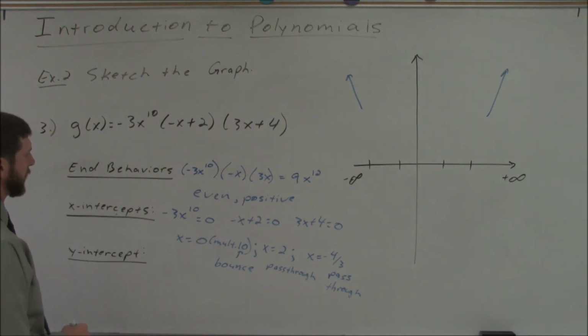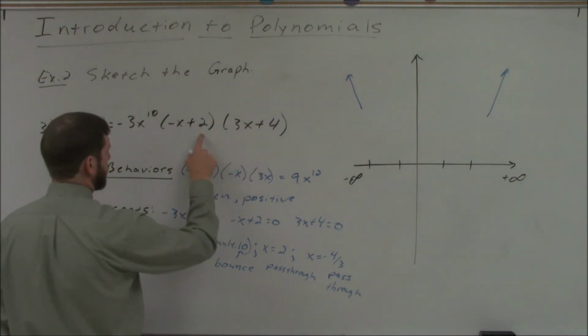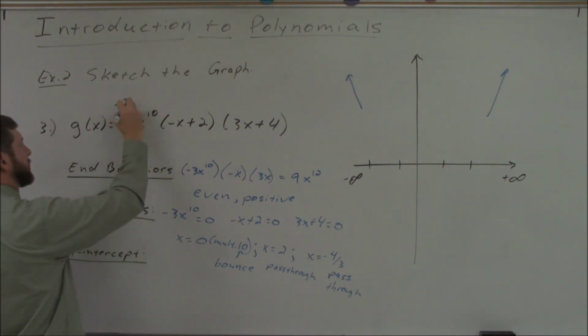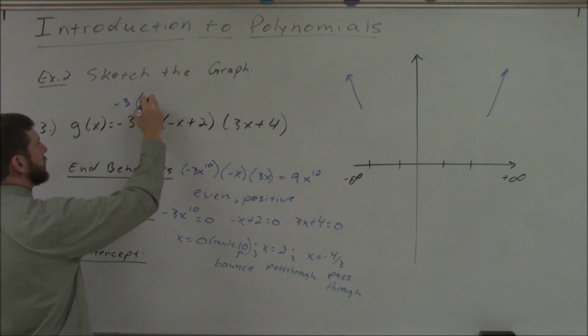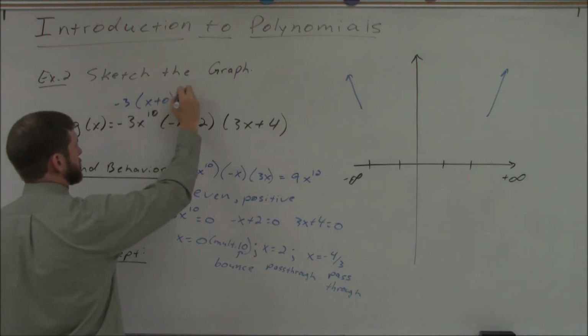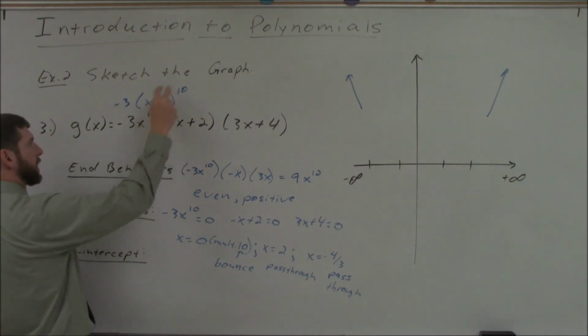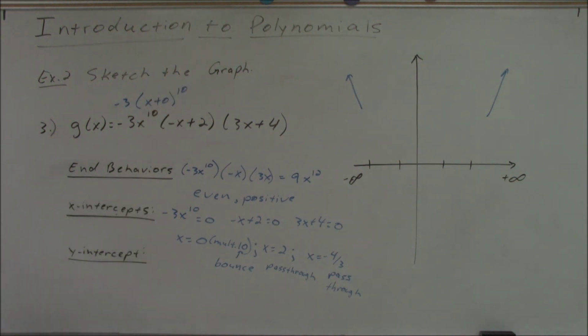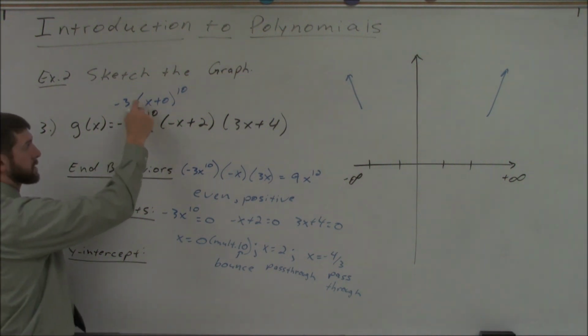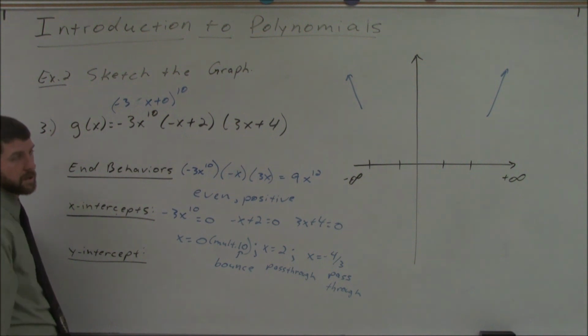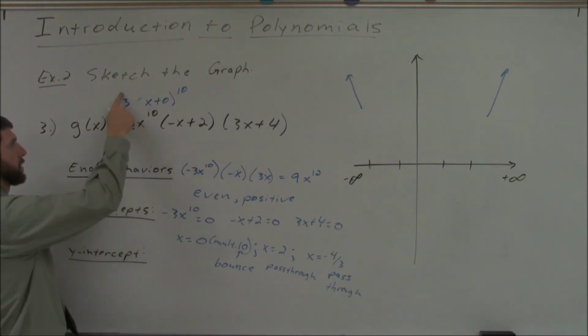And let's finish up with y-intercept. Y-intercept, I'm going to take my constants. Now this is where it gets a little bit tricky. I need to realistically be thinking of this as negative 3 times x plus 0 to the 10th power. We write all these as a product of linear factors. This is the linear factor. It's raised to the 10th power. It's not the negative 3x. It's not negative 3x to the 10th power, because the 10 is only on the exponent.